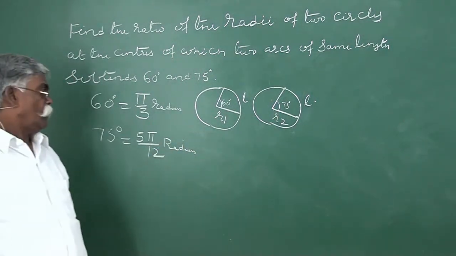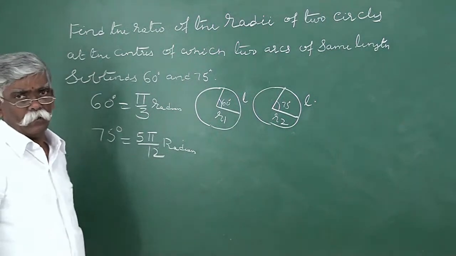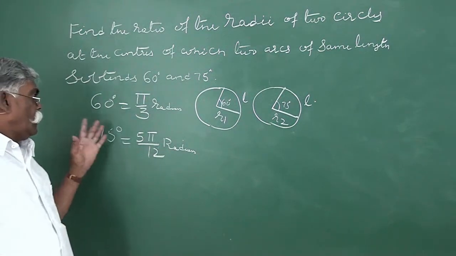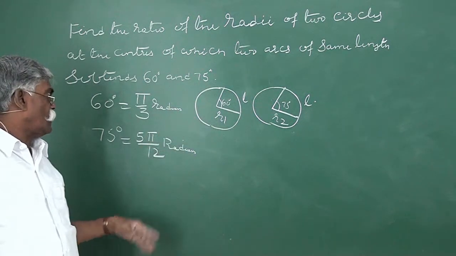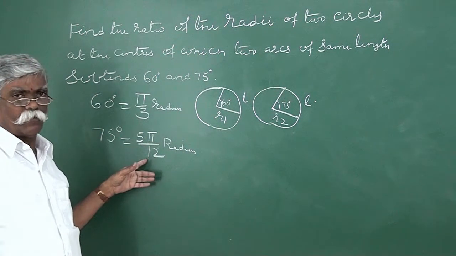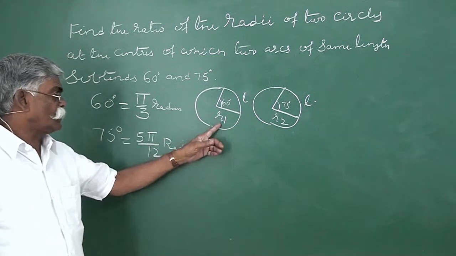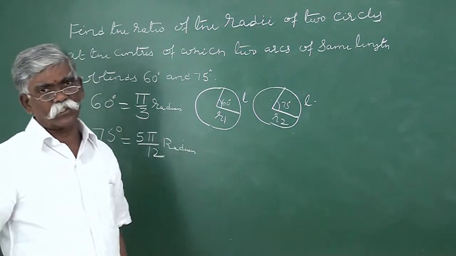So L is same in both the circles, and the angle subtended at the center here is pi by 3 radians and here is 5 pi by 12, and this radius is taken as R1 and this radius is R2.